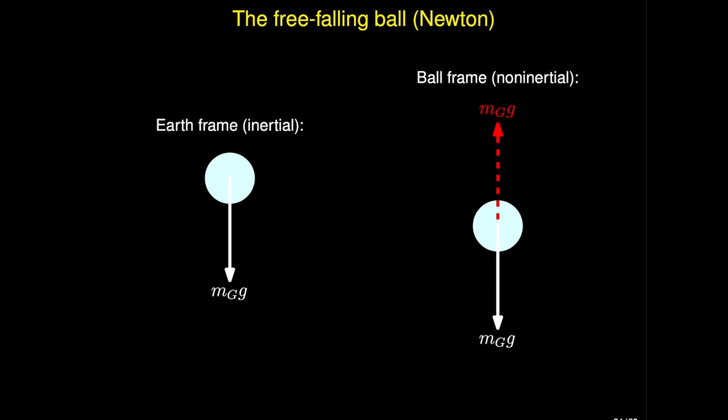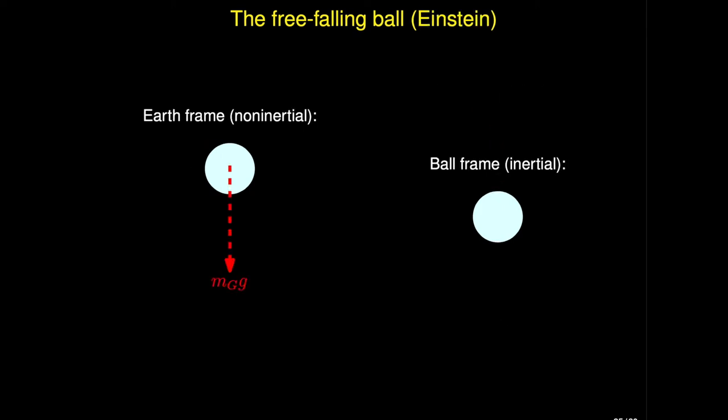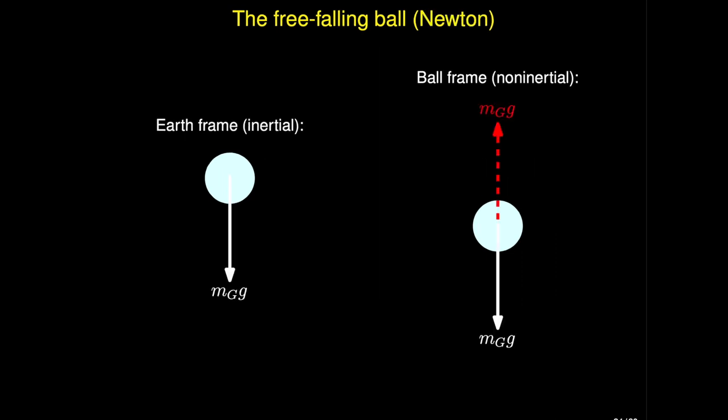But this next bit was Einstein's absolute stroke of genius. He said, look at this problem. There's actually a simpler way to think about it. And it's like this. In the Earth frame, let me go back one slide.